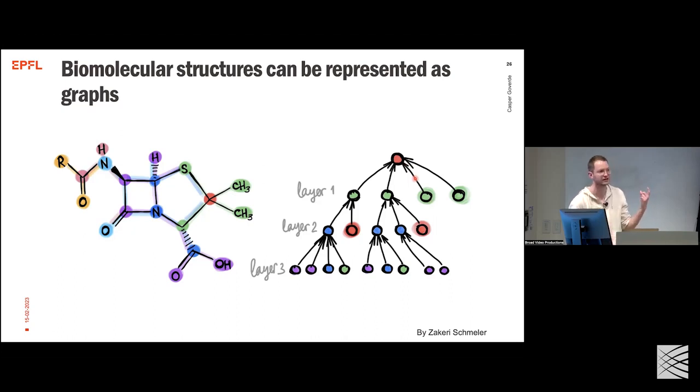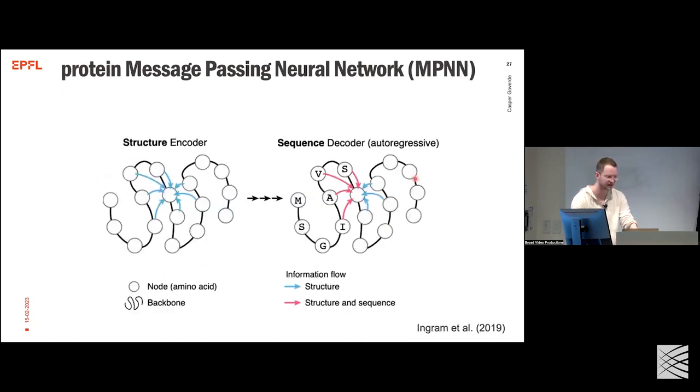And the nodes can contain information about the atom type or other chemical features. This is just an example of a molecule, but we can do the same for proteins, and this is exactly what ProteinMPNN does. ProteinMPNN stands for protein message passing neural network. So we can encode the protein structure as a graph.